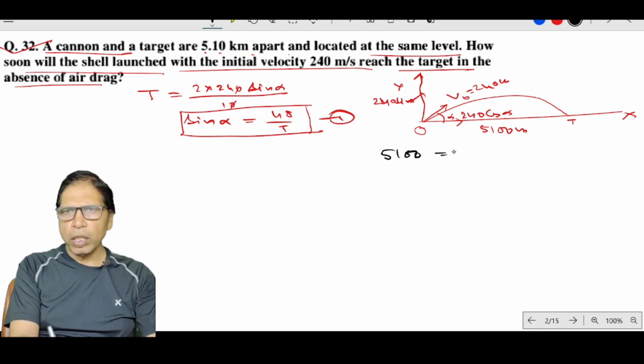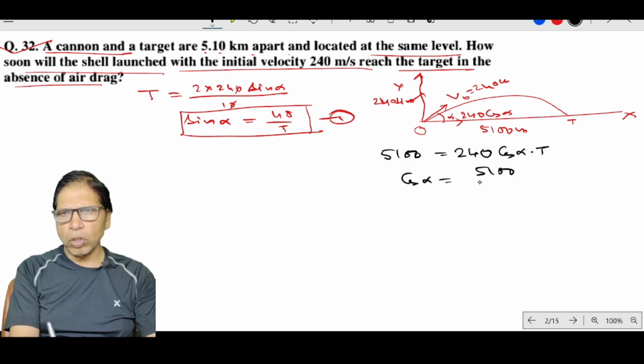This equals the horizontal component of velocity, 240 cos alpha, into T. So cos alpha equals 5100 by 240 T. This 0 and this 0 cancel out, and simplifying, you get cos alpha equals 85 by 40T.